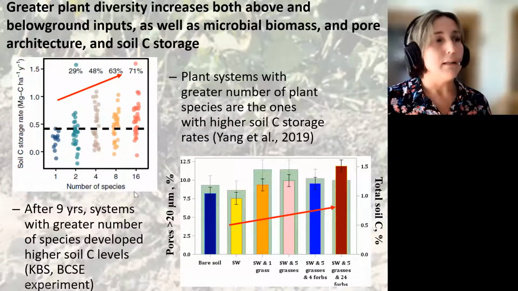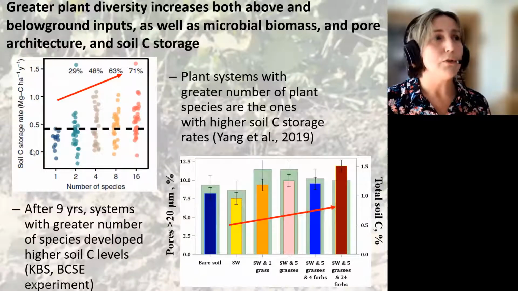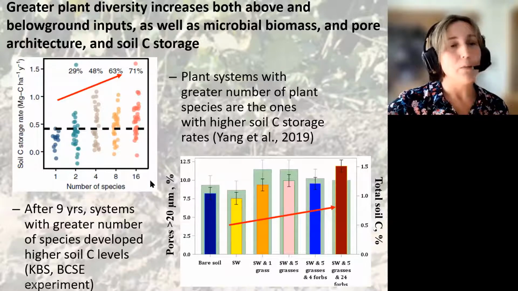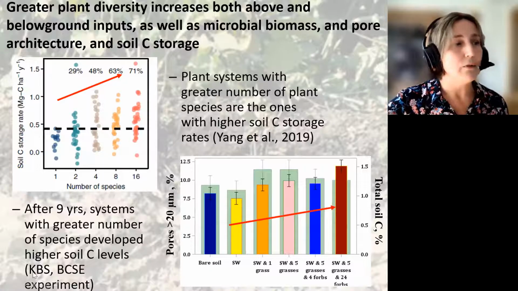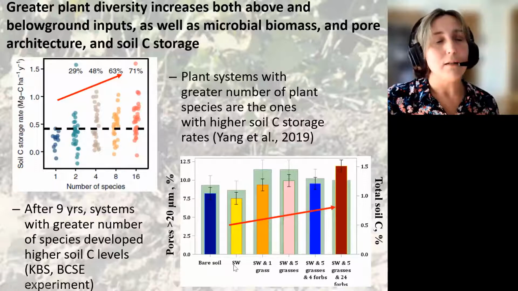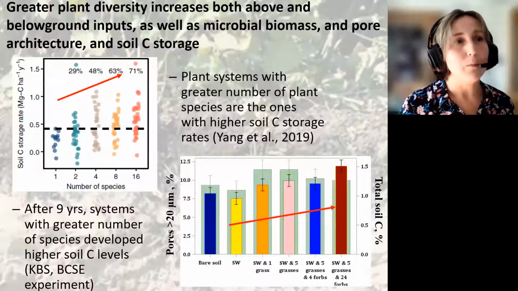Here, the number of plant species in the system is on the x-axis, and soil carbon storage after some years of implementation is on the y-axis. You can see there is a linear increase as a function of number of species. It's similar to what we are observing at Kellogg Biological Station: as the number of species on the x-axis increases, so does the total carbon after some 10 years of system implementation.